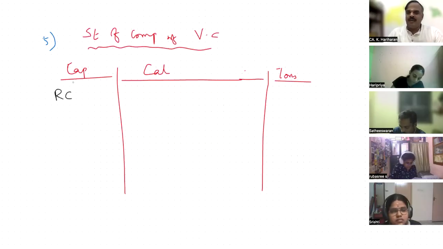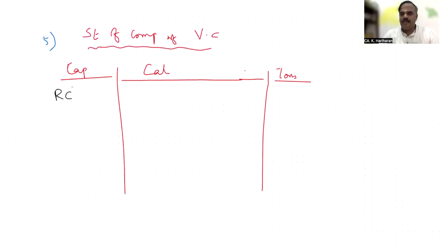How much is the maximum capacity the machine can produce? 36.5 tons, sir. Maximum capacity, 36.5 tons. Am I right?